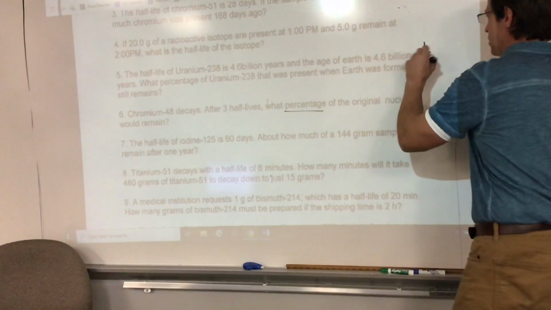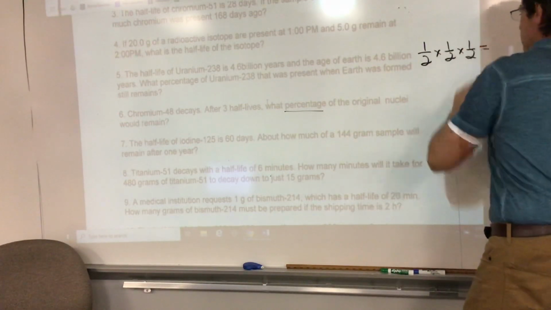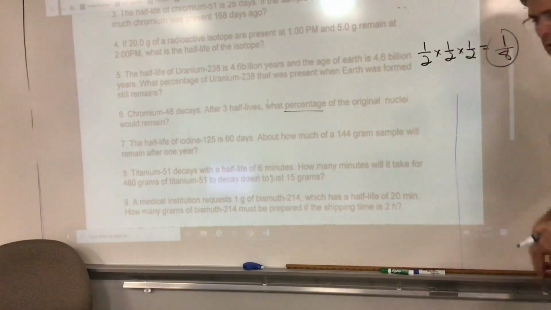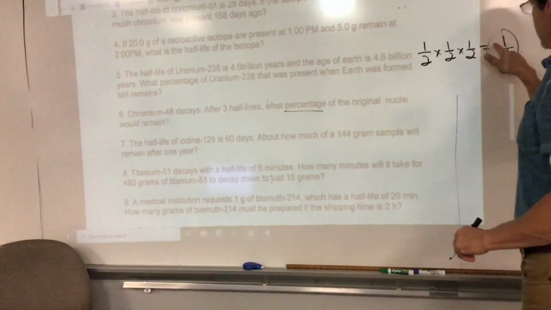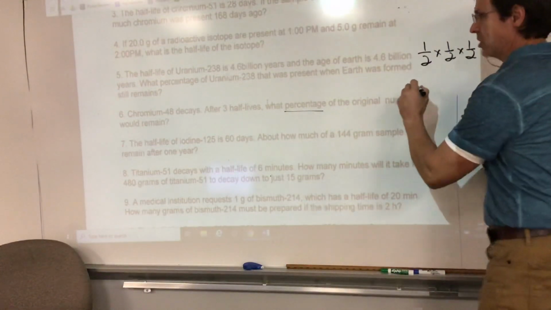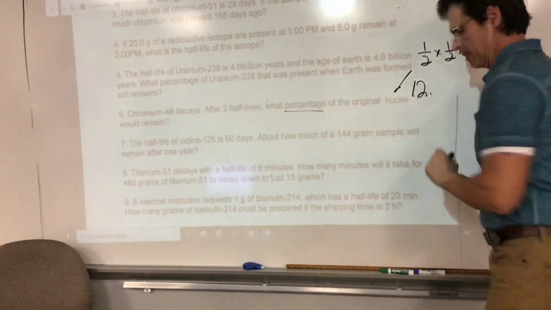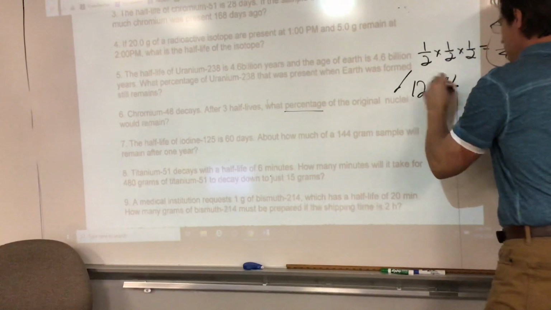Three half-lives will be this times this times this. 2 times 2 is 4, times 2 is 8, so that'd be a 1/8 portion. If I divide 8 into 100, my percentage for number 6 is 12.5%.